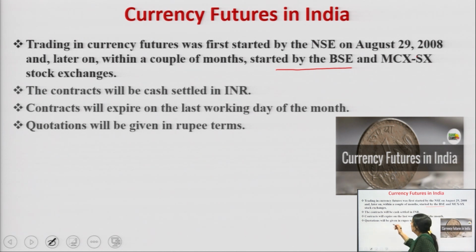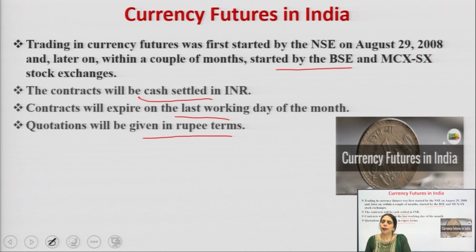There are certain features. The first one is that the contract will be cash settled in Indian rupees. Then the contract will always expire on the last working day of the month, and the quotation will be given in rupee terms only.